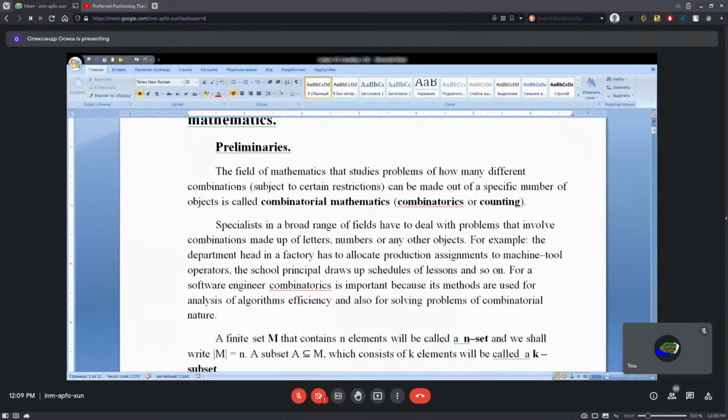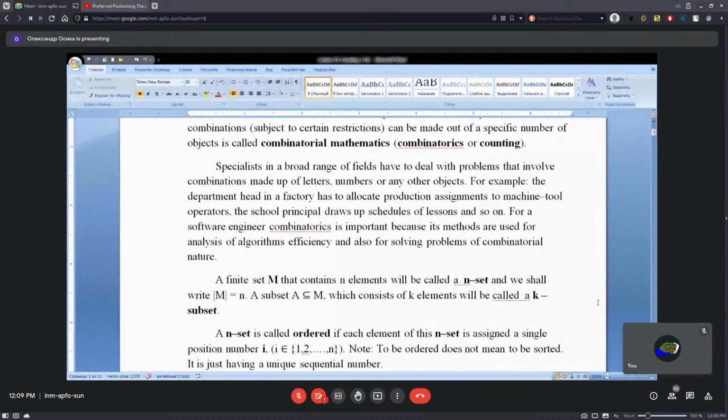Okay, we resume our lecture. Now, about some notations used in the formulas later.